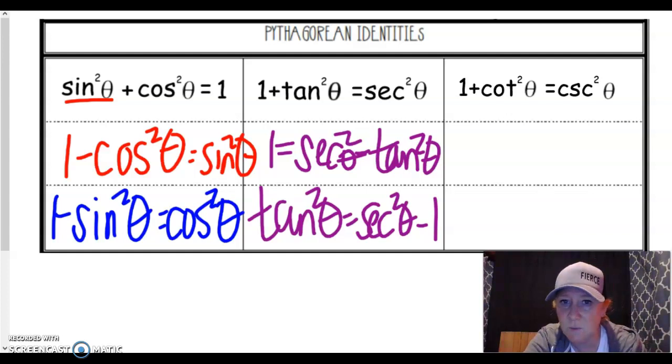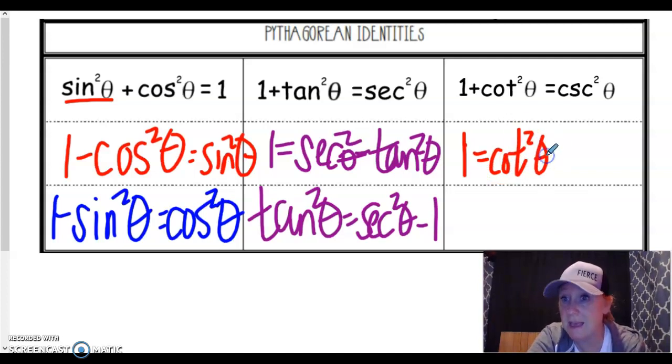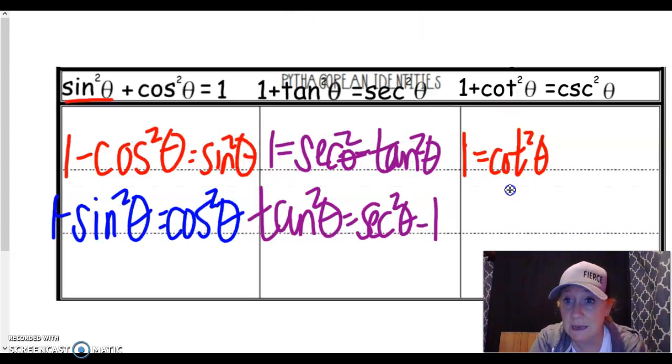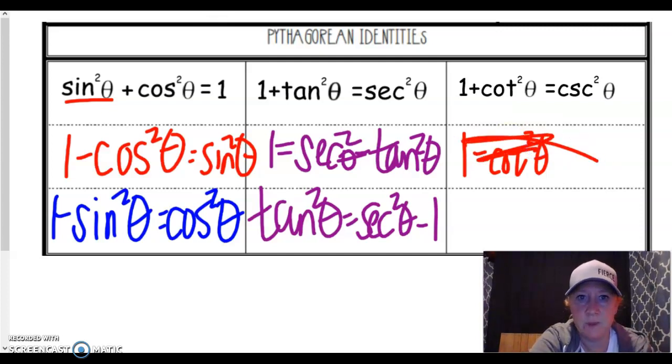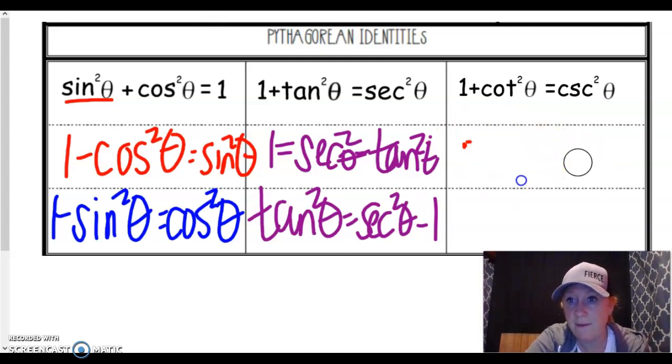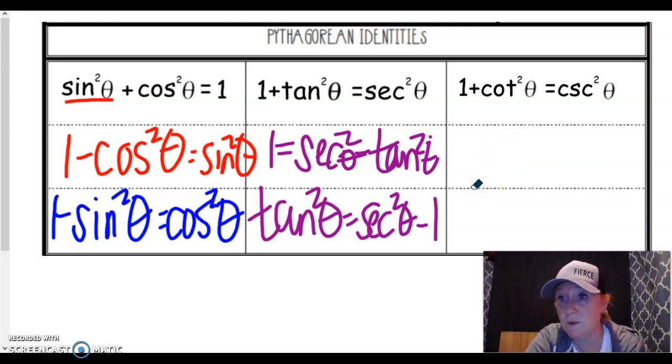This one says 1 plus cotangent squared equals cosecant squared.